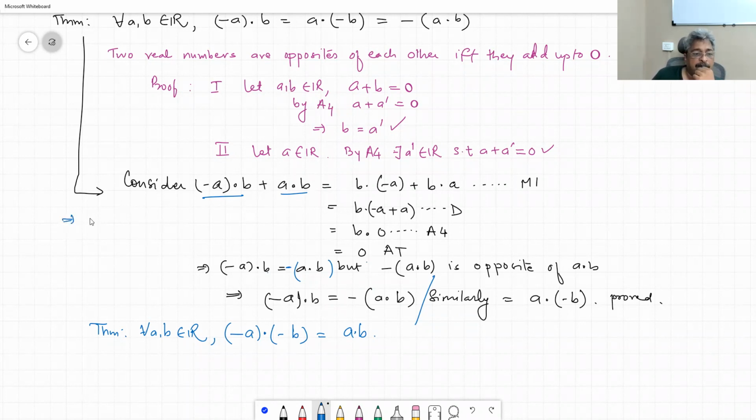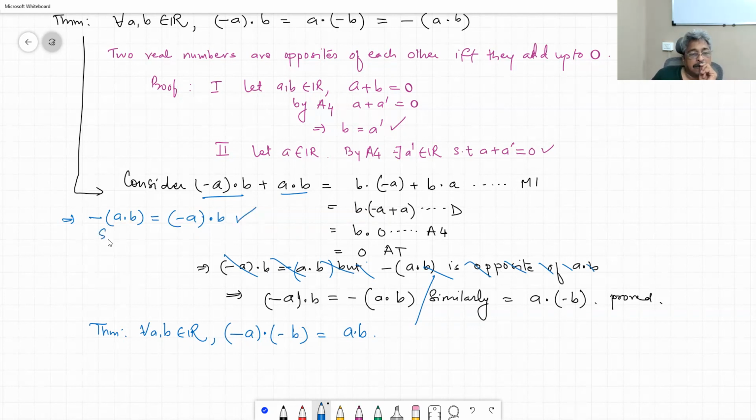Therefore, opposite of A dot B is equal to opposite of A dot B. Maybe this is not convincing. Is that right? That is what we were supposed to prove, no? Yeah.